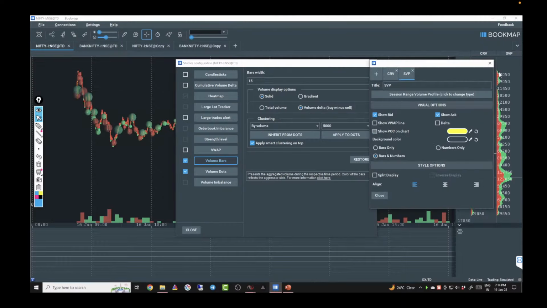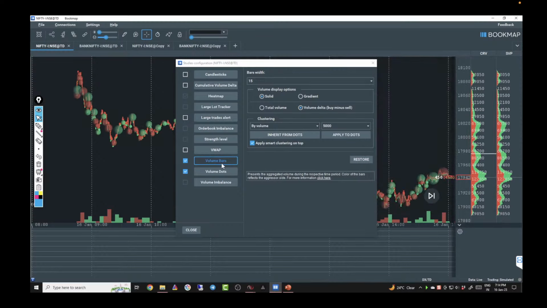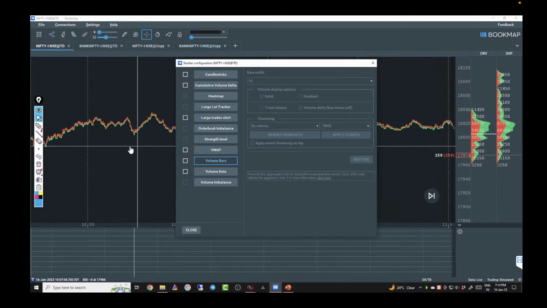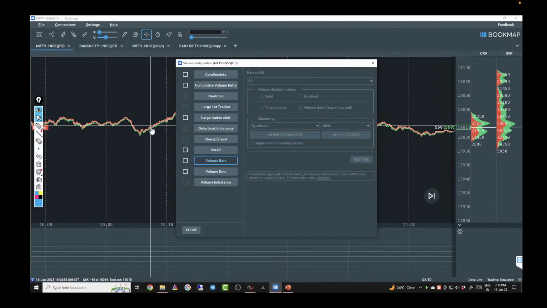So I have disabled all the information, and presently what you are seeing, the red and green lines, are nothing but the best bid and best offer. At any given point of time, if you open the depth of an instrument, you will be able to see the 5 best bids in the present market situation.